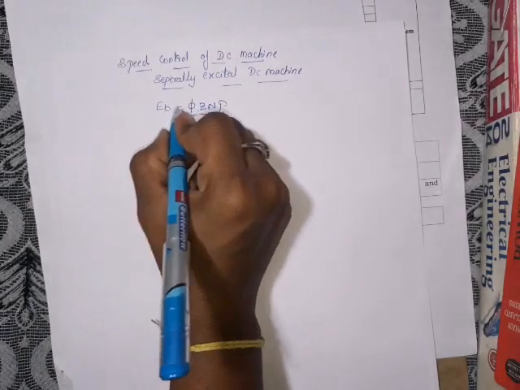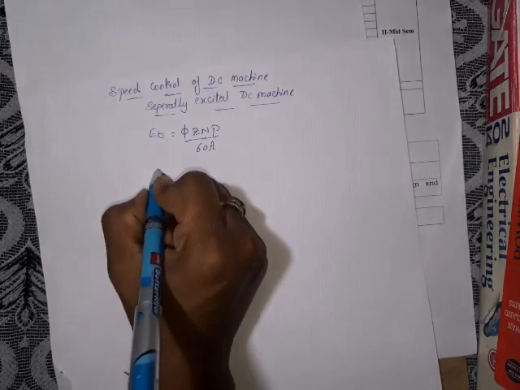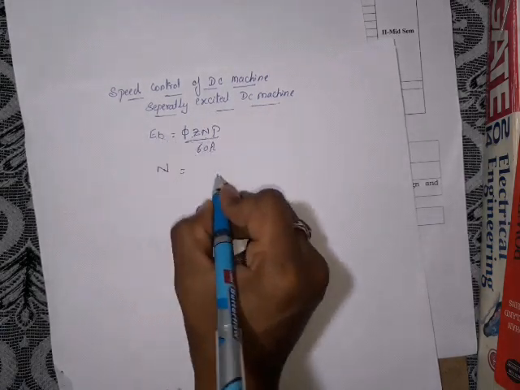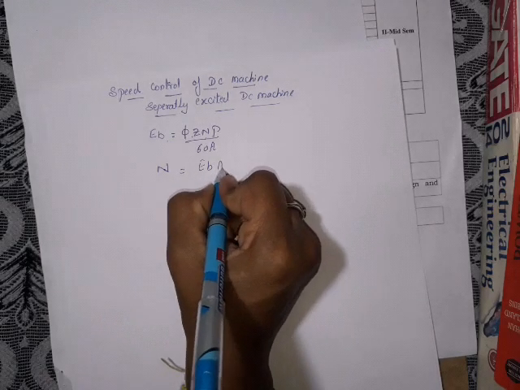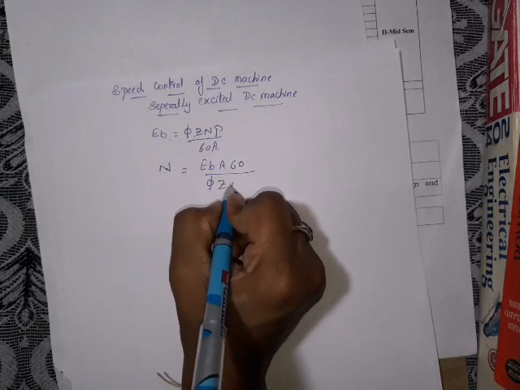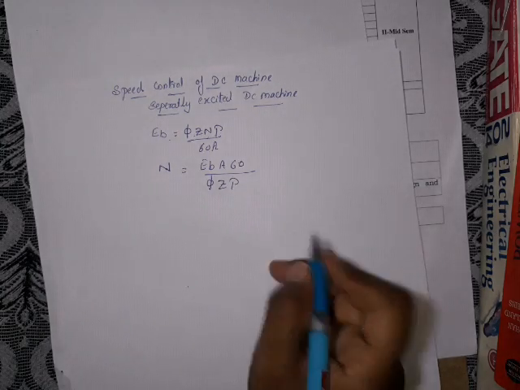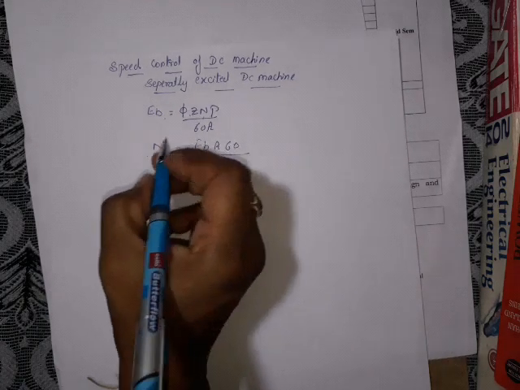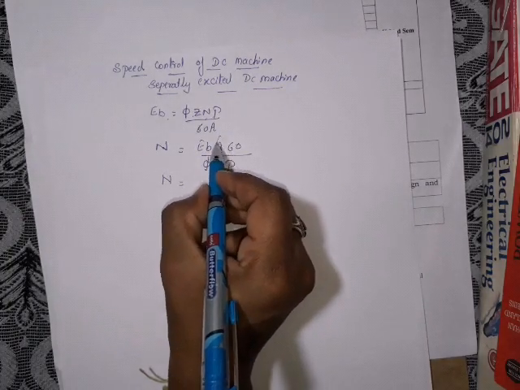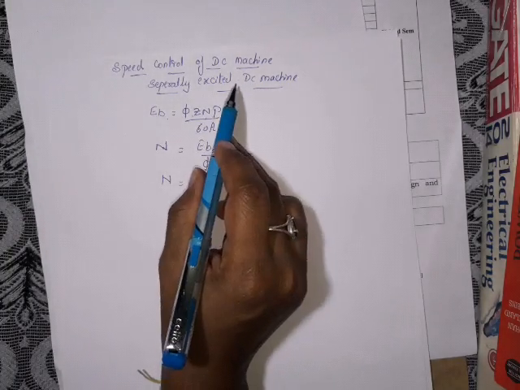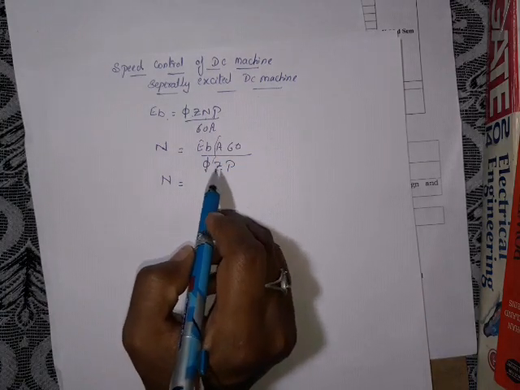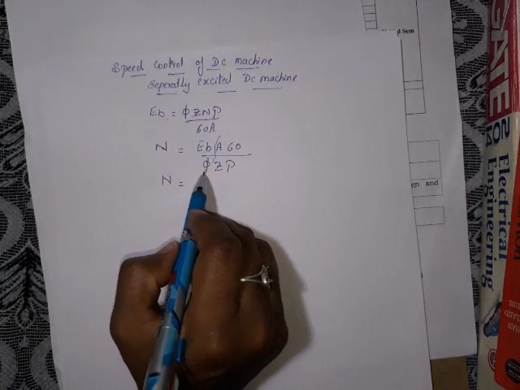Here we'll take this equation with respect to N because we are varying the speed. N is equal to, by cross multiplication, EB into A into 60 divided by phi ZP. Even though in the case of a separately excited DC machine phi is constant, right now I will not consider phi as constant.